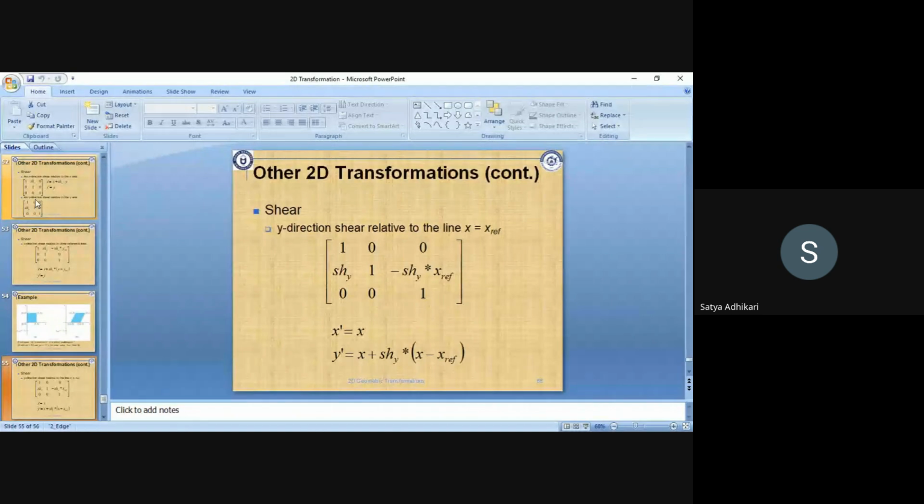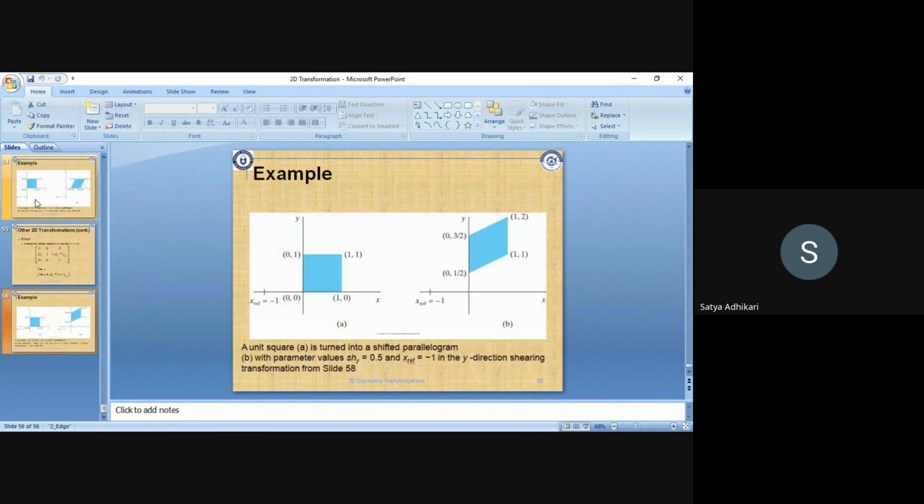Similarly, if the y direction shear is SSY, 1 SSY, then x dash will not change, x will not change, y will only change. You see here, I am taking the x reference, that is the object will slide along the y axis.